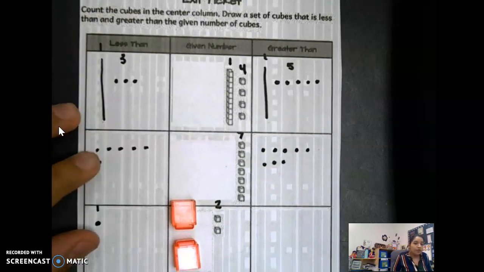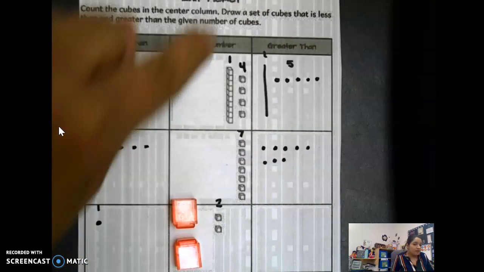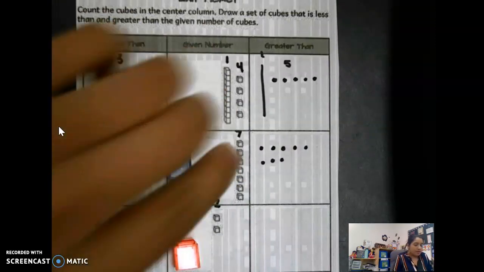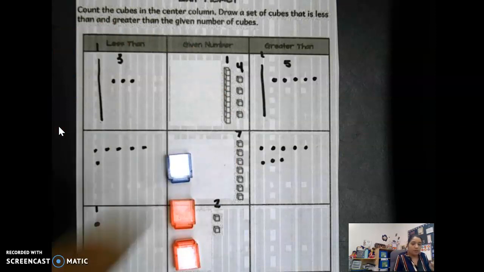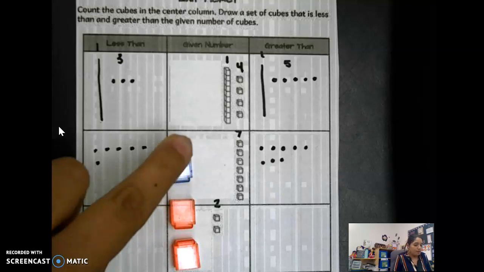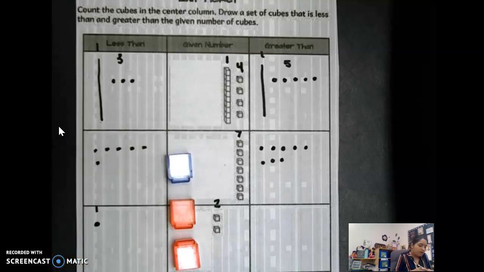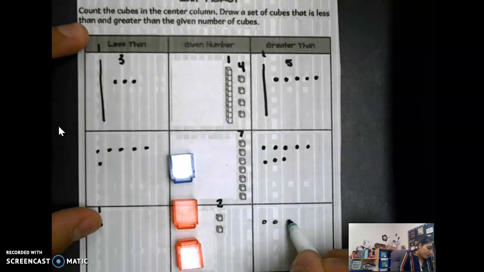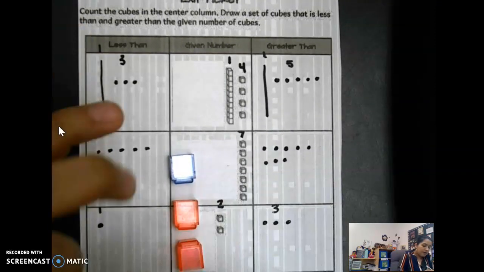And what can we do to get a number greater than our 2? Add. So I'm just going to add 1 more ones block. And how many do I have now? 1, 2, 3. So I'm going to go ahead and draw 3 right here.